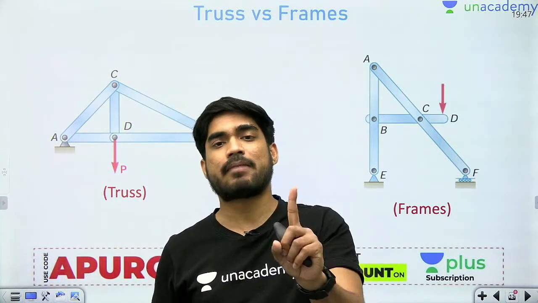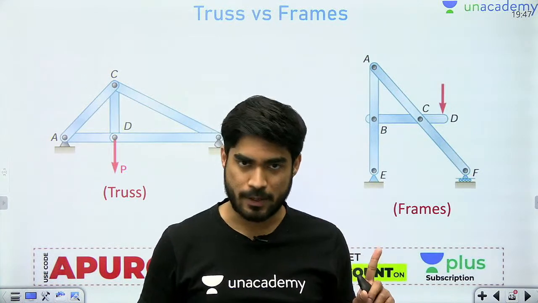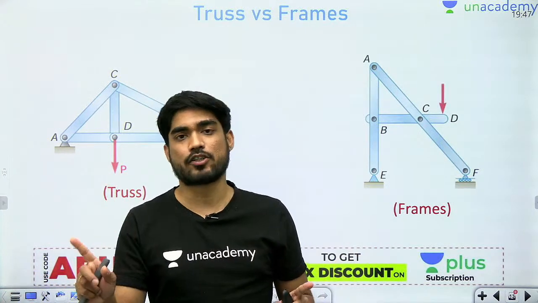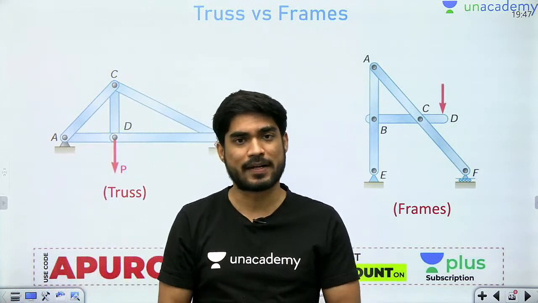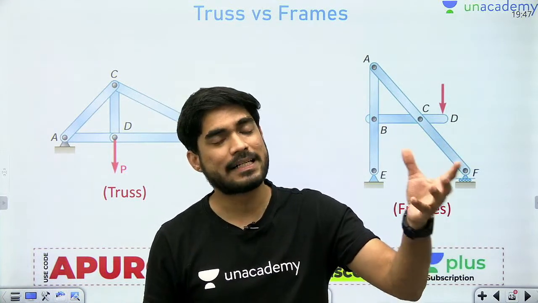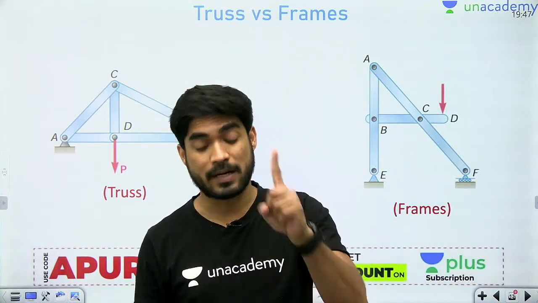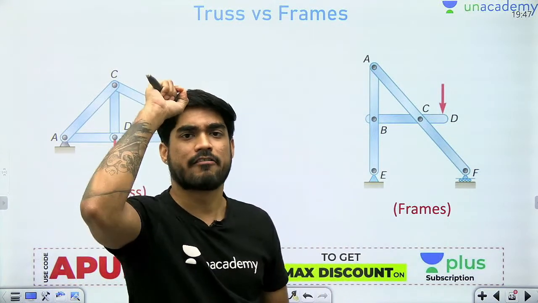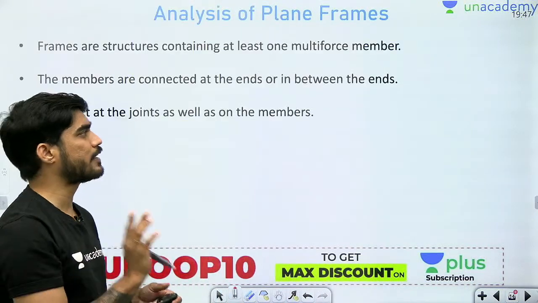At least one member must be multi-force member. In case of truss, none of the members are multi-force members. All members are two-force members. But in case of frames, you might have two-force members, but there will be at least one multi-force member. So are you clear about this very important difference between truss and frames?